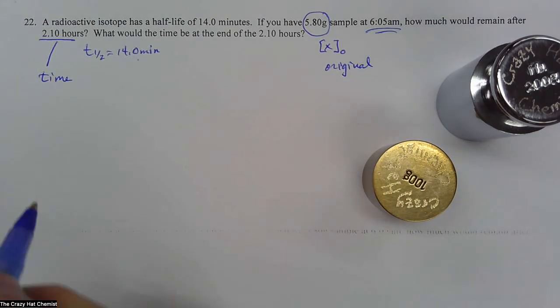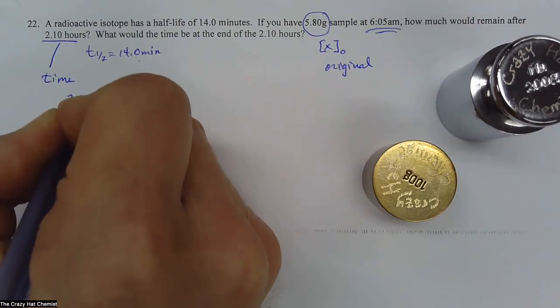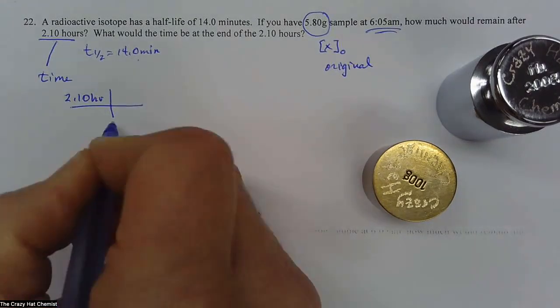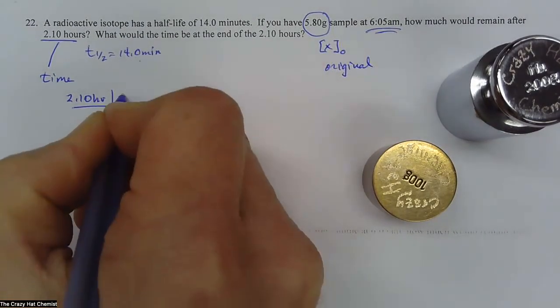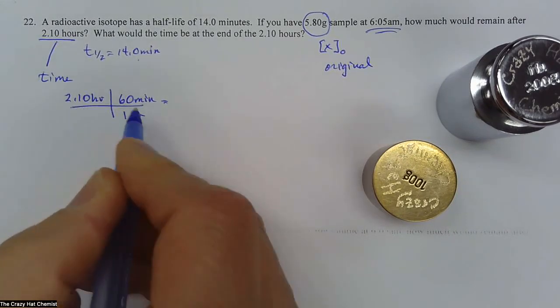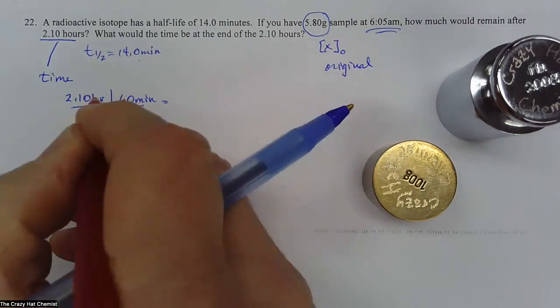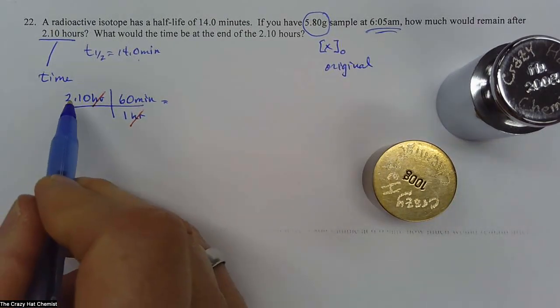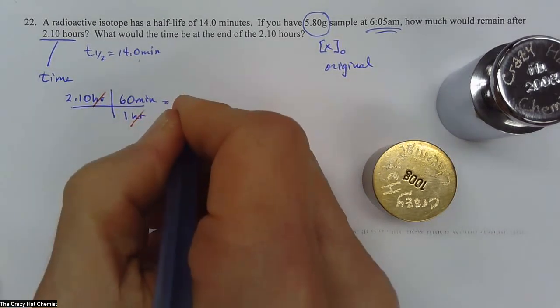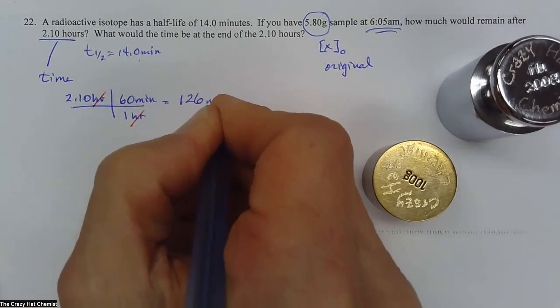We have 2.10 hours, and 1 hour is equal to 60 minutes. So we take 2.10 hours, the hours cancel out, and we say 2.10 times 60 divided by 1, and that's 126 minutes.